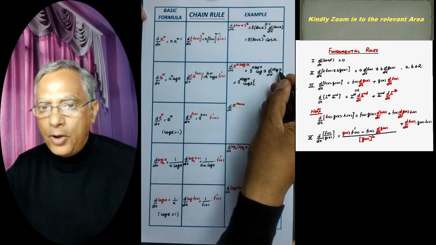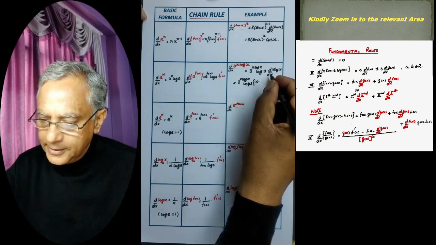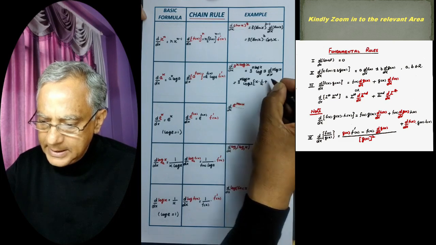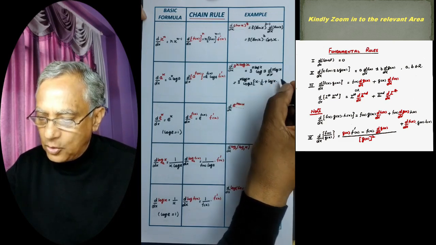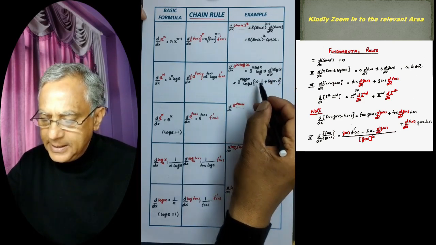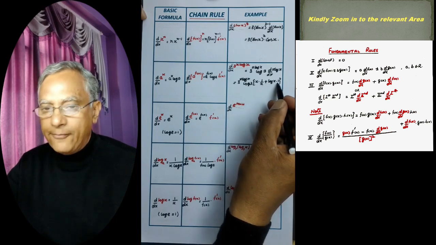This is a product of two functions. So first function into d by dx of log x. d by dx of log x is 1 by x, plus second function, that is log x, into d by dx of x, which is 1. Or we can say f(x) into g dash x plus g(x) into f dash x.